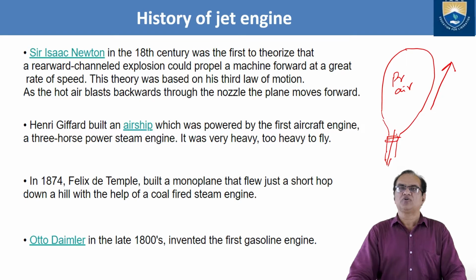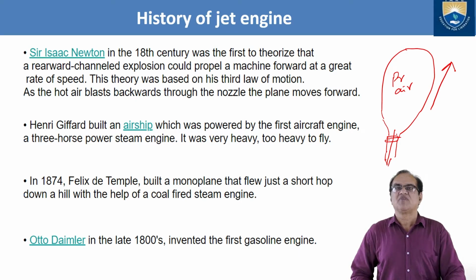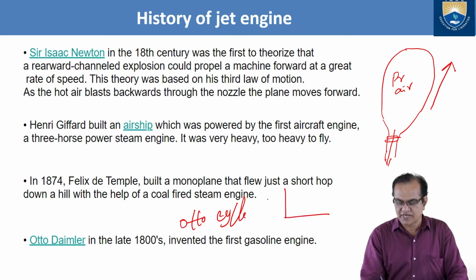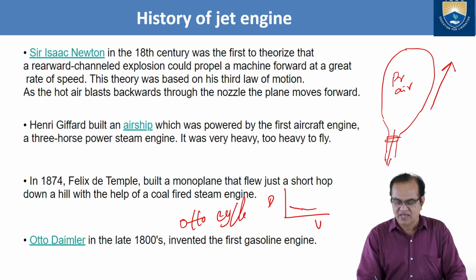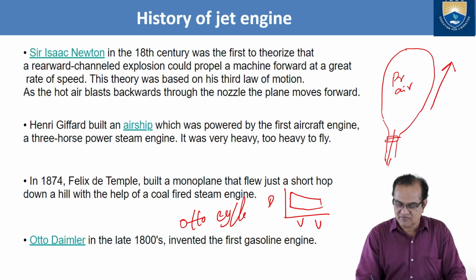Then Otto Daimler in the 1800s invented the first gasoline engine. That is why it is called the Otto cycle. So if you see in this Otto cycle, it is a P-V diagram. First is the compression, then it is constant volume fuel injection and the addition of the heat.